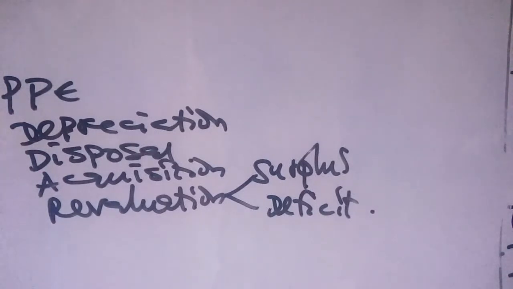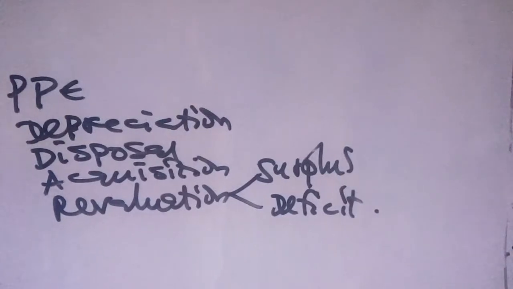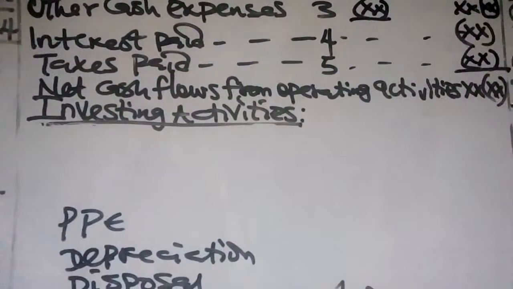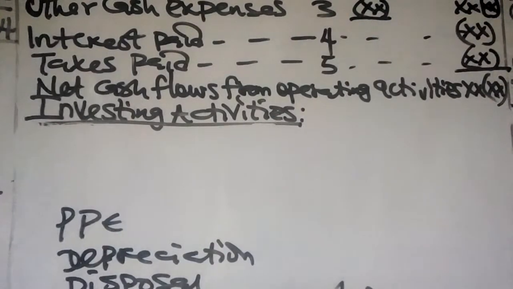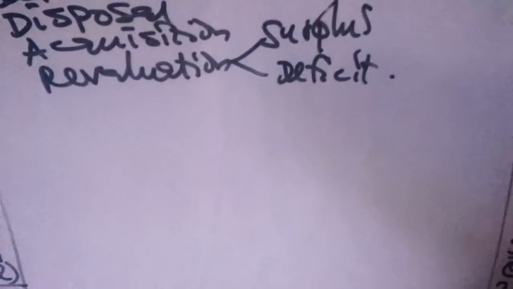Now, whenever you want to calculate, you might have purchase of PPE, you might have proceeds from disposal of PPE. But let me start with the purchase or acquisition of PPE. This purchase will be calculated from the movement in PPE.